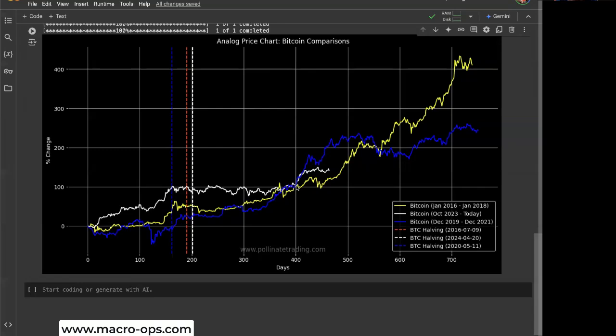The 2016 to 2018 bull market halving cycle of Bitcoin was indicative of retail investors getting access to Bitcoin. In that period, Coinbase, Gemini, Kraken, Poloniex, Binance, Bitfinex, I'm trying to think of all the different crypto brokers, crypto exchanges, centralized exchanges came online.